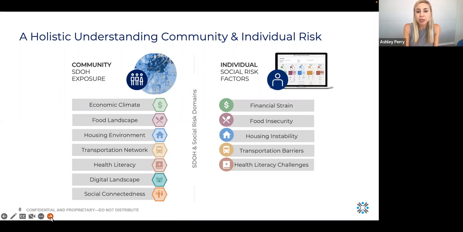And so to that end, you'll see we have companion individual risk factor scores for 5 of the 7 domains. And we're working on individual scores for those other 2 domains around the digital landscape and social connectedness as well.